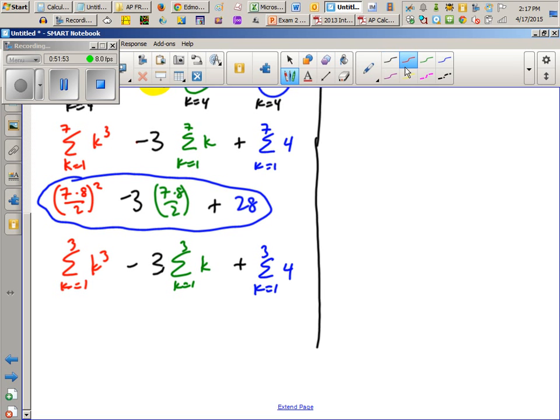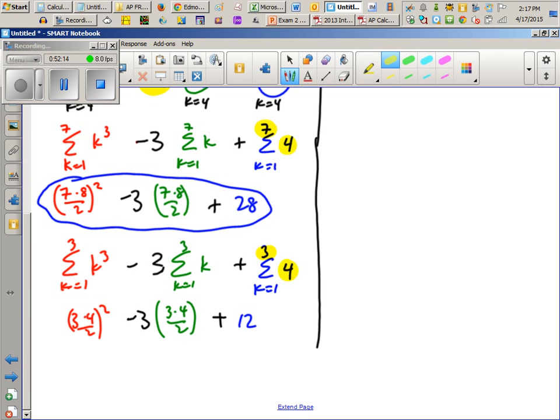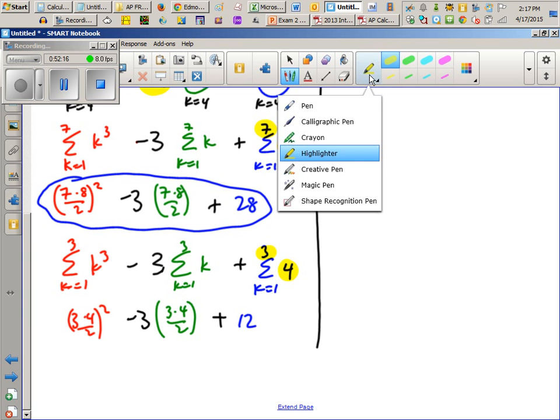And this comes out to be 3 times 4 over 2 quantity squared minus 3 times 3 times 4 over 2, no square, plus 12, which is 4 times 3. I'm just multiplying the 3 and the 4 for that, just like I did the 7 and the 4 up above.